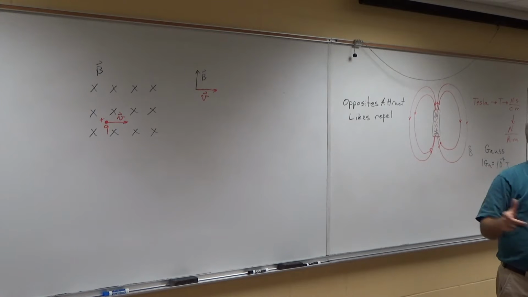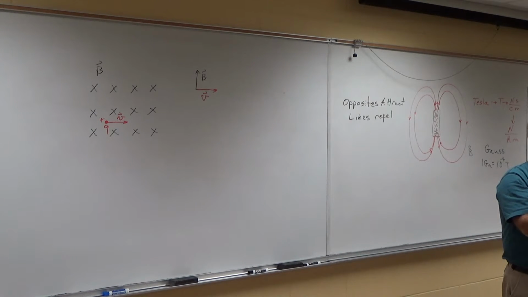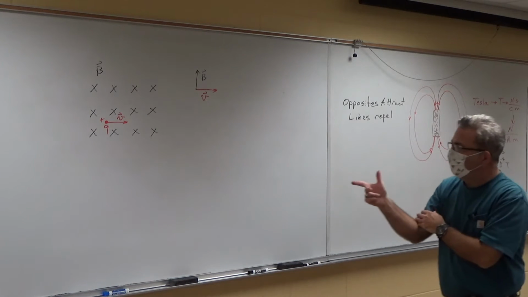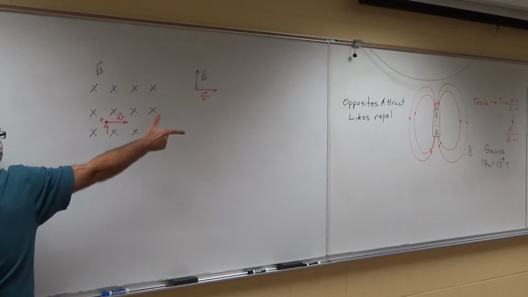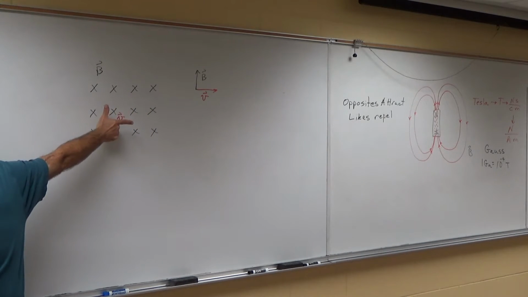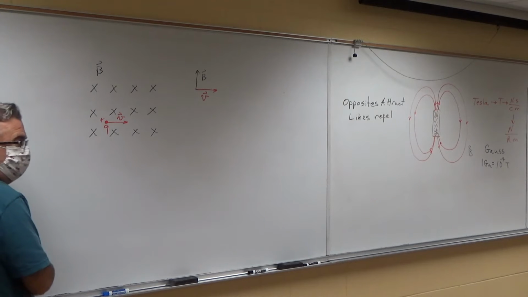So in this case, this is the velocity. You point in the direction of velocity. B is your middle finger, so the middle finger is magnetic field. Thumb is force. In this case, V is in that direction, B is into the board, and the force on the charge would be up.